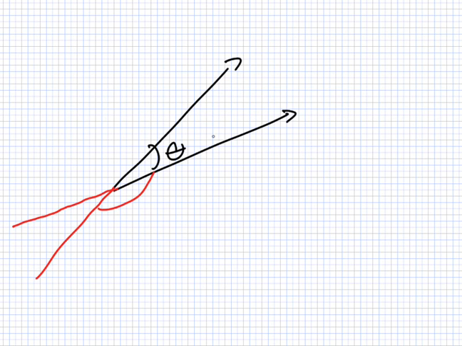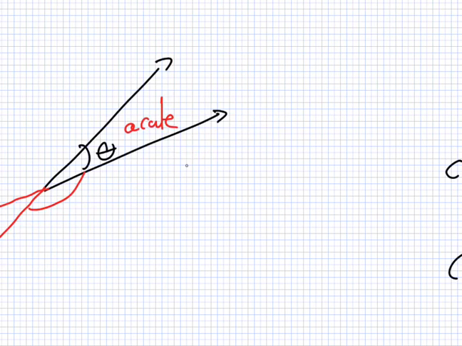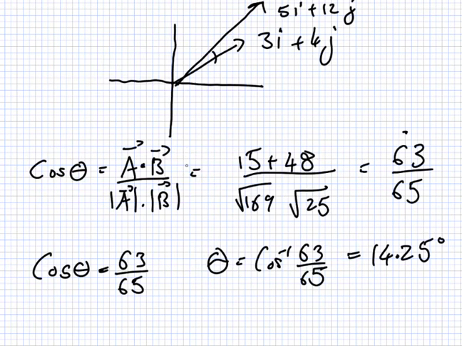In the exam they will ask for either the acute or the obtuse angle. Usually they want the acute. But if they wanted the obtuse angle, if I extend my vector here, that would be this bigger angle here. That would be 180 minus 14.25.